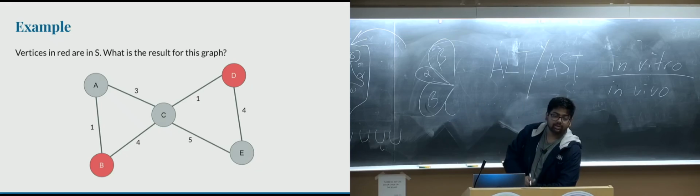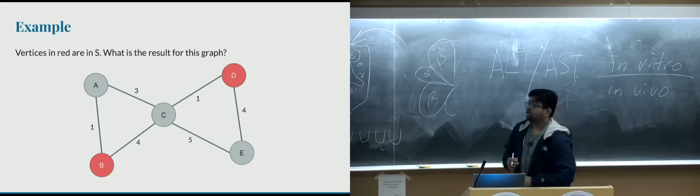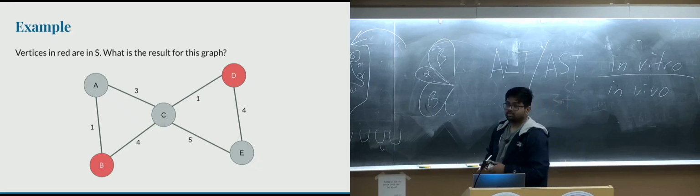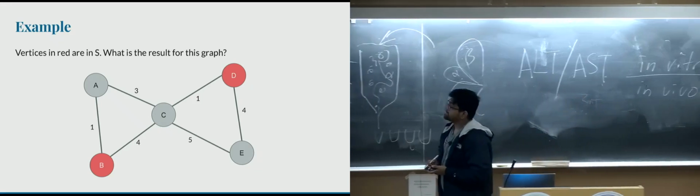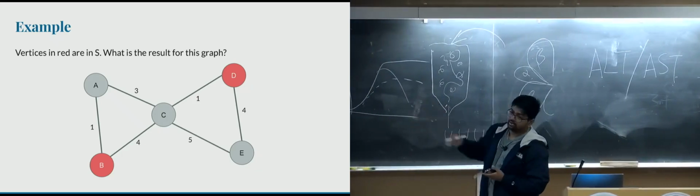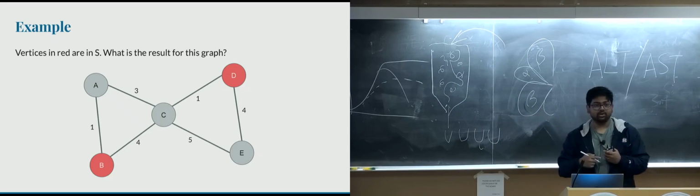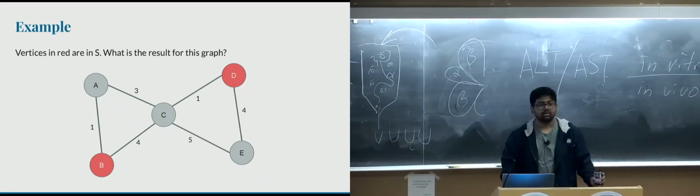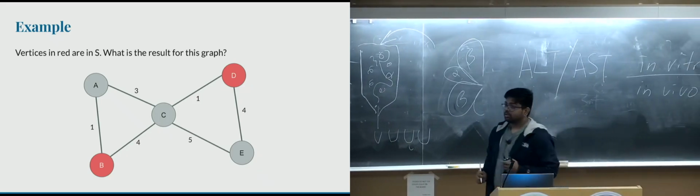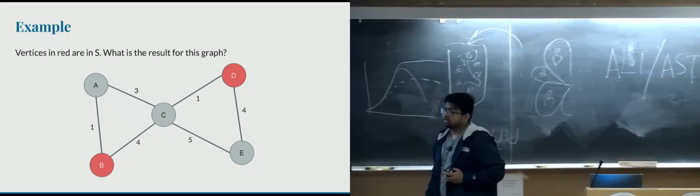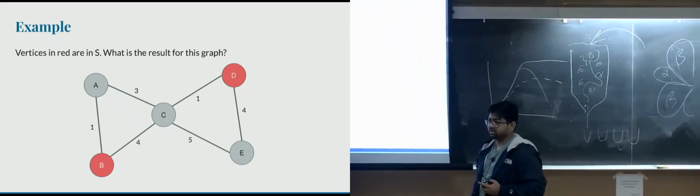It has to be a minimum spanning tree. Maybe take some time. B and D only have to have one edge incoming or outgoing, right? Yes, exactly.